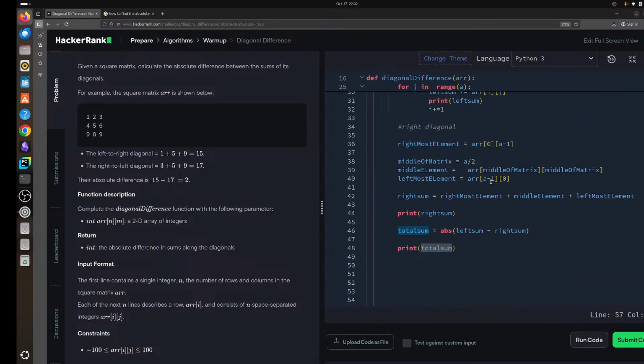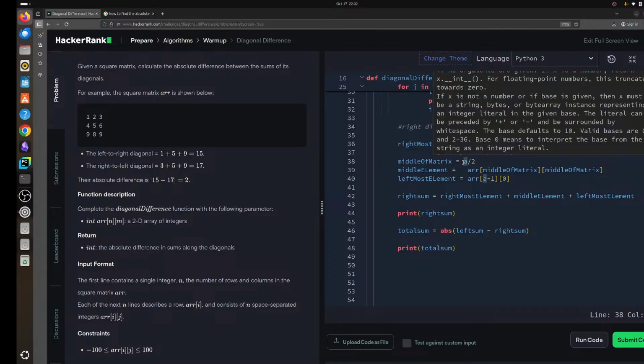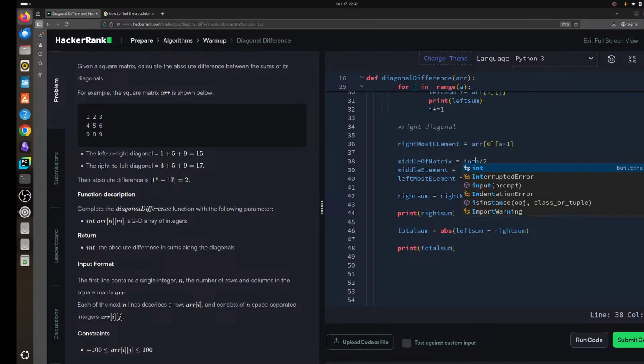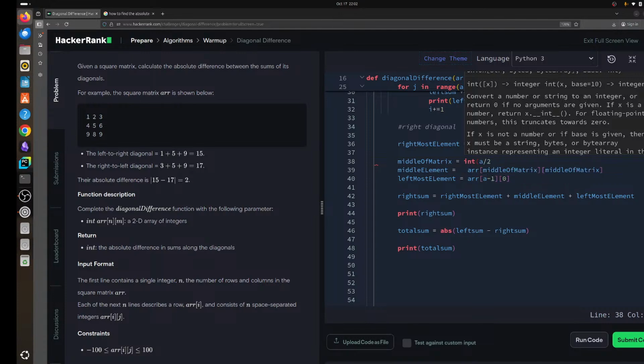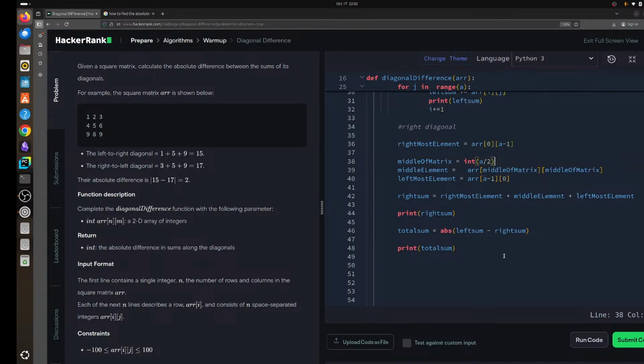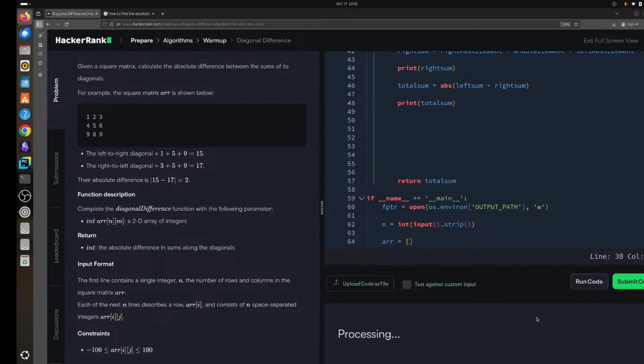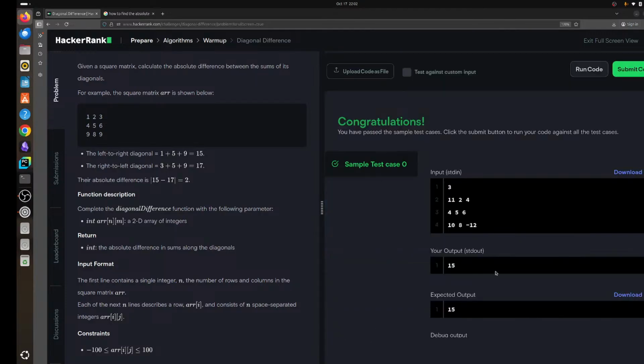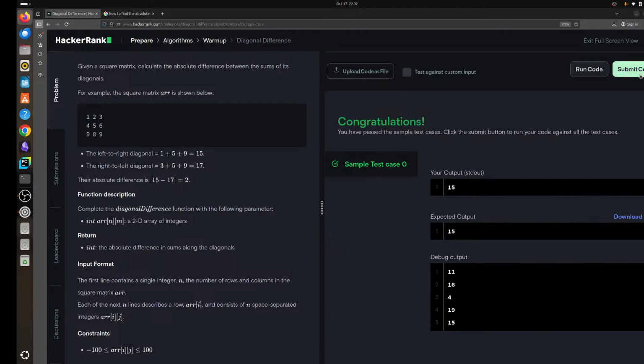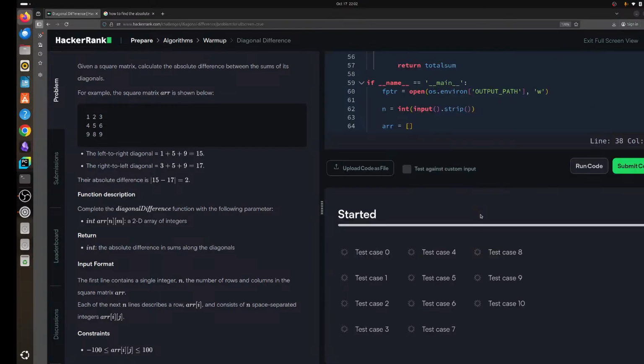Sorry, int of a by 2. Run code. Now it's done. Submit code.